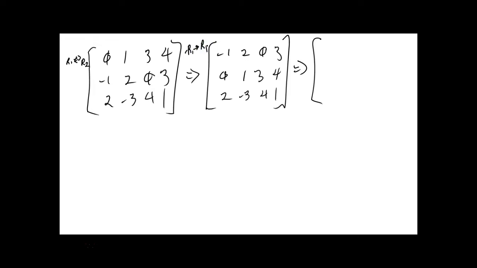You just multiply it by minus 1. So that becomes 1, negative 2, 0, negative 3. And then the other two we just leave the same. 0, 1, 3, 4. And 2, negative 3, 4, 1.